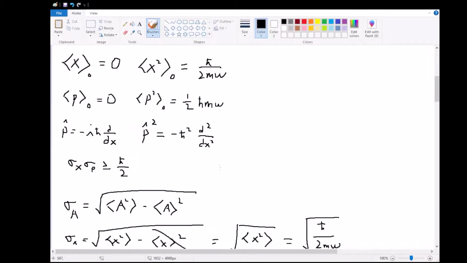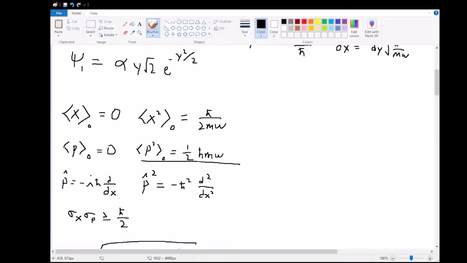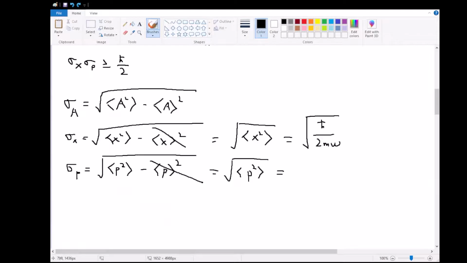The expectation value that we found is 1/2 h bar m omega, so this is equal to the square root of 1/2 h bar m omega.